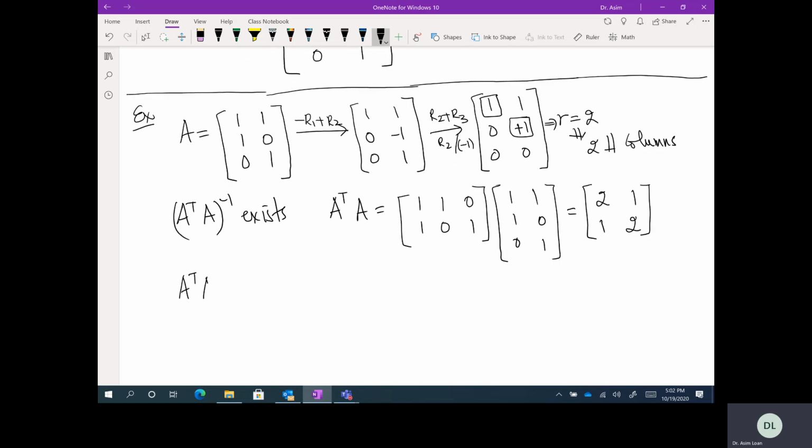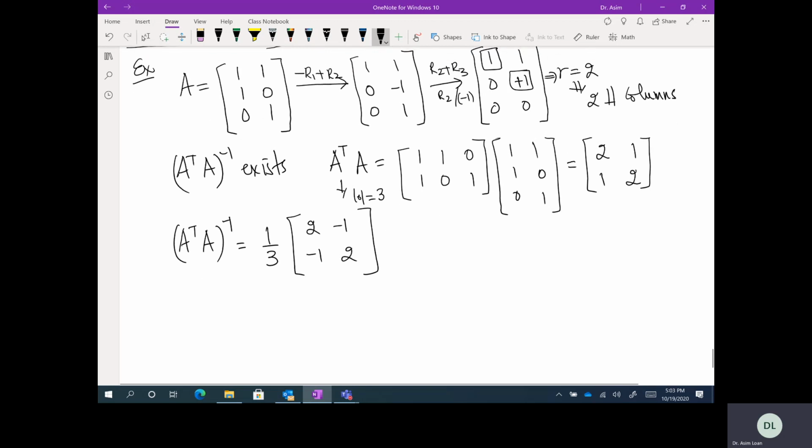So what is A transpose A whole inverse? It is simply, so what is the determinant here? The determinant here is 4 minus 1, which is 3. So this is equal to 1 over 3, and I swap these two. 2, 2 doesn't make a difference, minus 1, minus 1.